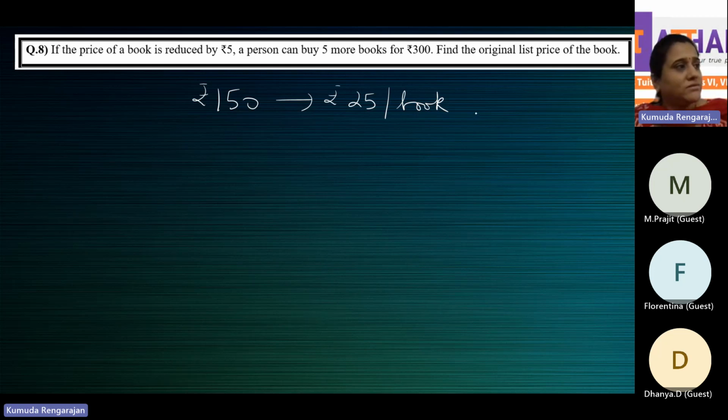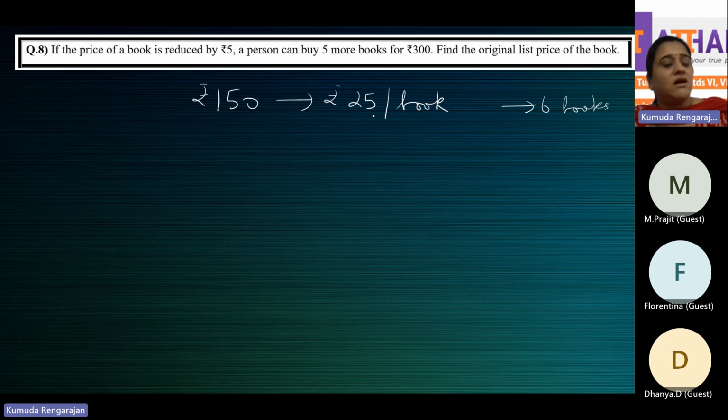Now, how many books can you buy for 150 rupees? You can buy 6 books. If you have 150 rupees with you, and the cost per book is 25 rupees, then you can buy 6 books for 150 rupees.